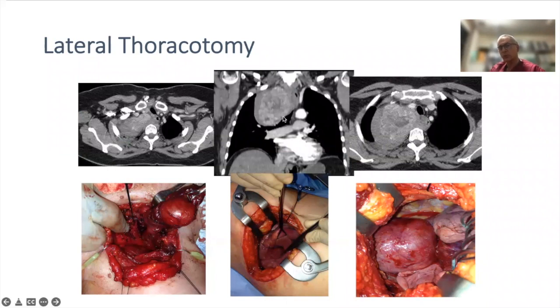So what we normally do is a cervical approach. We dissect the nerve, control the nerve. We put some Surgicel fibrillar between the nerve and the pleura, and then we dissect as much as we can into the chest, through here and through here. We protect the nerve, and then we do a lateral thoracotomy.